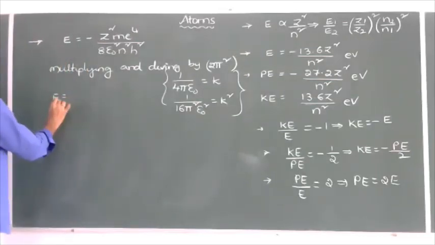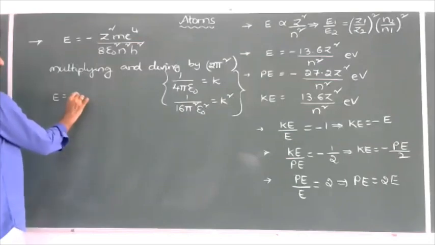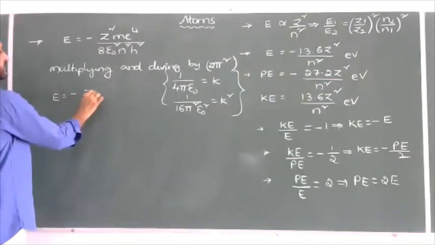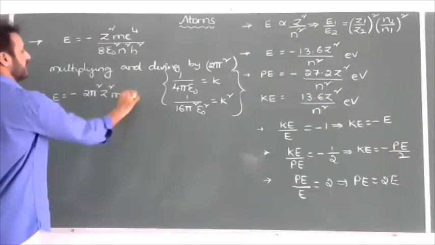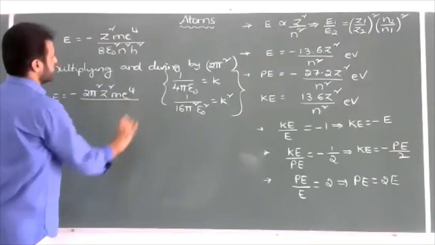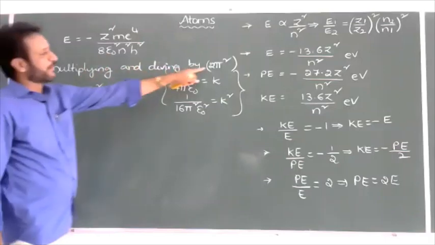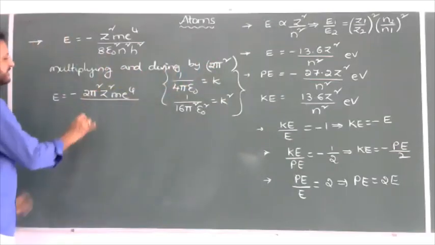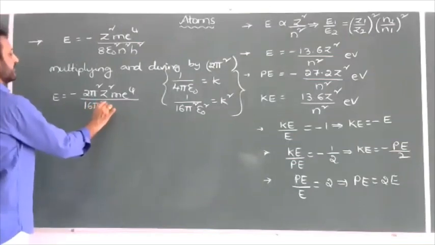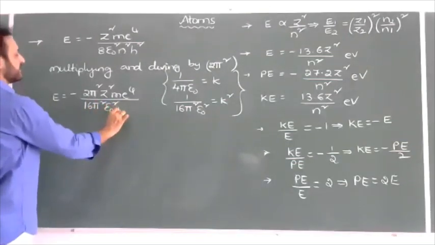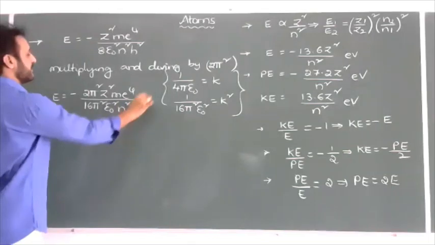E is equal to minus 2 pi square z square into m e power 4 by, if you multiply with the 2 pi square, then 2 8s are 16, that equals pi square into epsilon naught square n square h square, you should write.